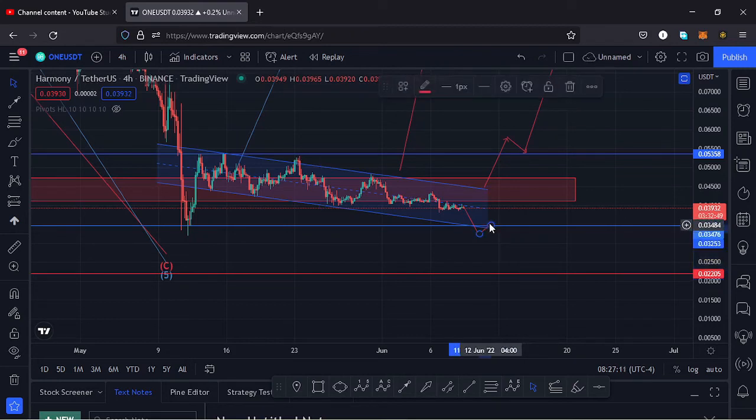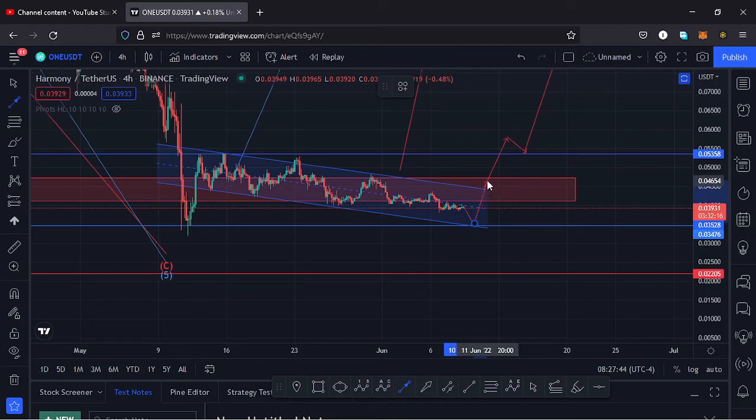So if we continue holding above the $0.03 mark, then it won't be possible for us to go to the $0.02 mark. It's also possible that we go to the lower side of this channel and we have support at that area. You can see the bottom of the channel is meeting perfectly with that area of support, and once we touch that area of support in the lower part of the channel, we can then have a nice move to the upper side of the channel.